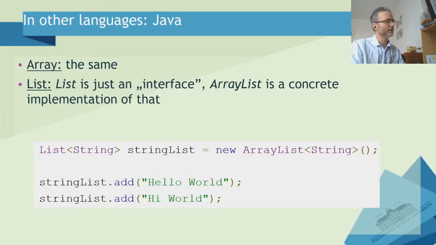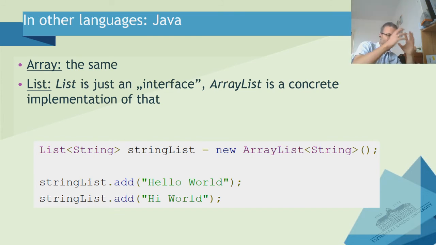Okay, then let's see what's the situation in other languages in a nutshell. Java is very similar to C# by default. Therefore, arrays work completely the same. Lists are a different story, because you can think of a list as an idea.